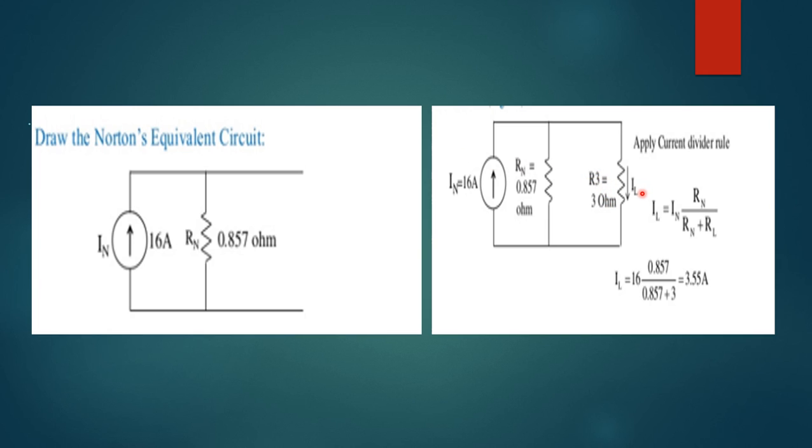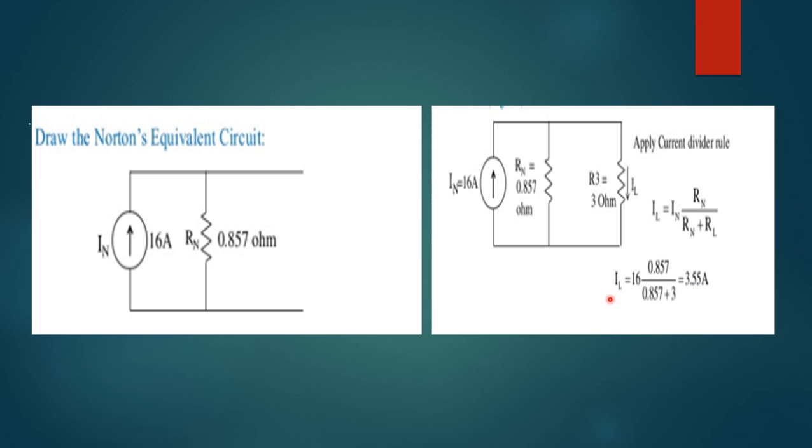To find IL, dividing by R3, IL is equal to IN into Rn by Rn plus RL. Putting the values, IN is equal to 16 ampere and Rn is equal to 0.857, all divided by Rn, which is 0.857, plus RL, which is 3. After calculating, we find IL is equal to 3.55 ampere.